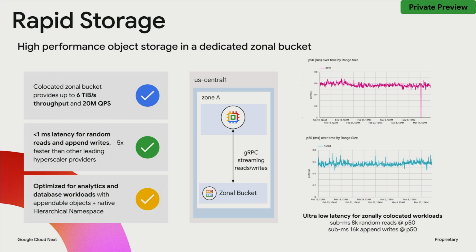So if you want to build high performance analytics or distributed database systems or high performance AI workloads, this provides the extreme performance and the scale you need. And it can support exabytes of data. Right? A lot of the high performance storage systems are quite limited in terms of capacity. This one can support exabytes of data.